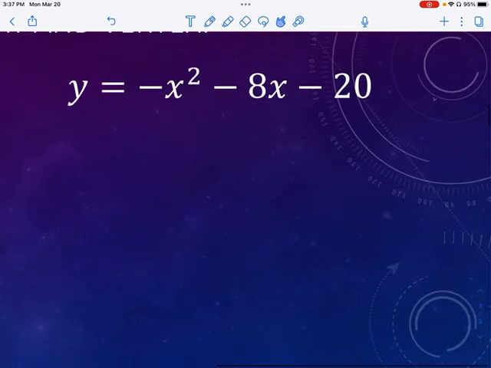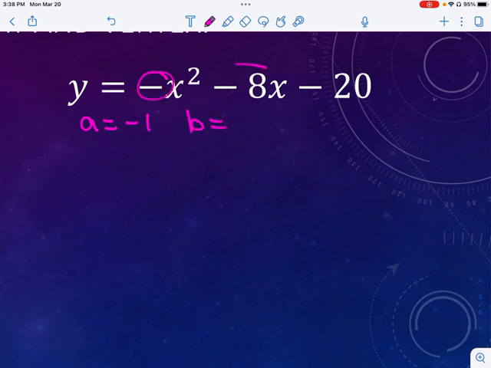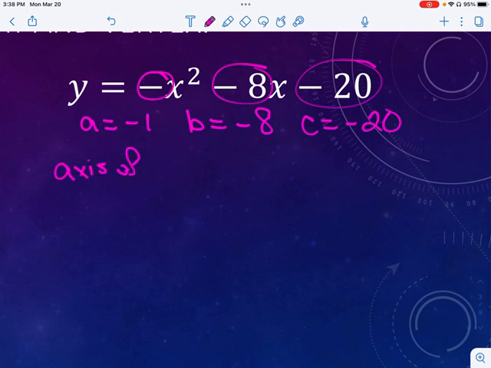Okay, let's try this one. If we look here to start, we have A is negative 1, B is negative 8, C is negative 20. Okay, now when we go in here, we want to start with the axis of symmetry.